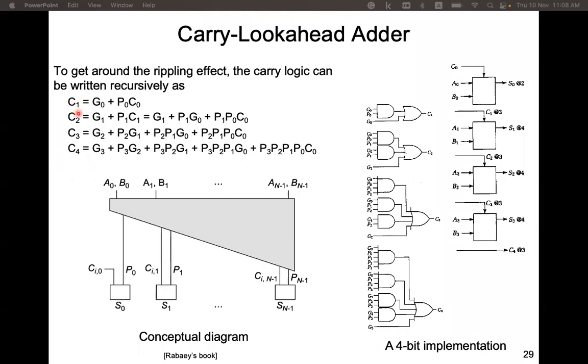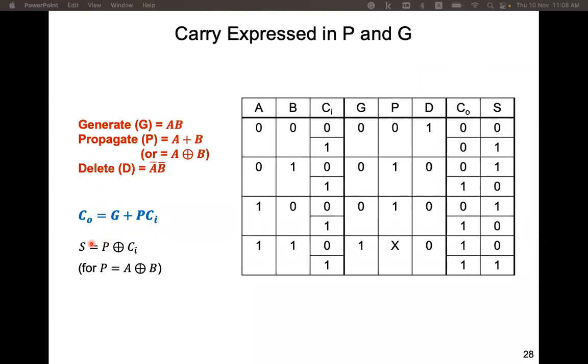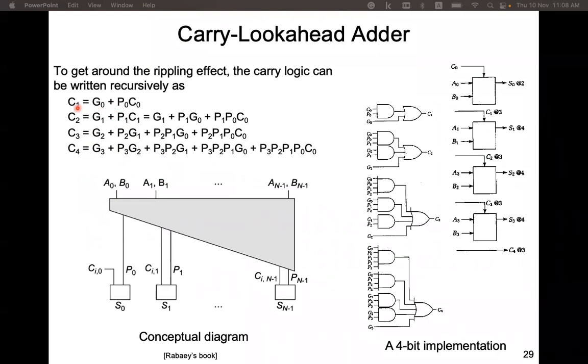The carry out of the first bit is the generate plus the product of propagate and carry in. So that's just this equation. Let's call this carry out C1.